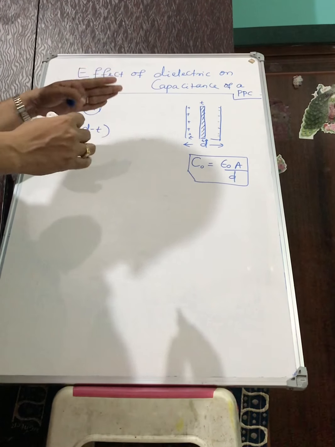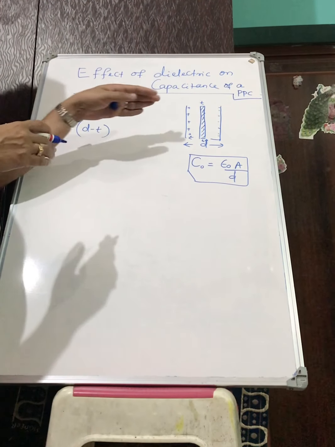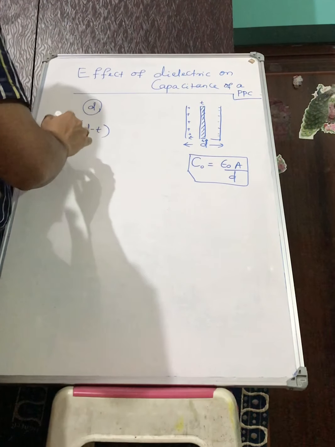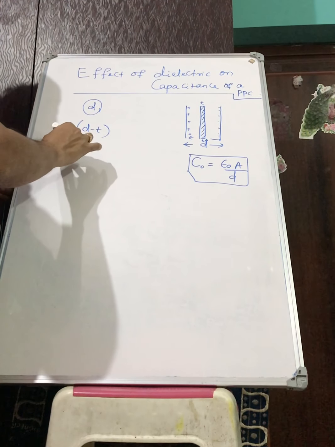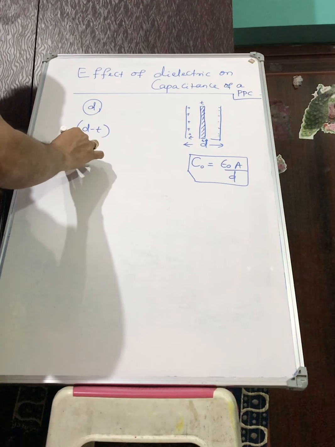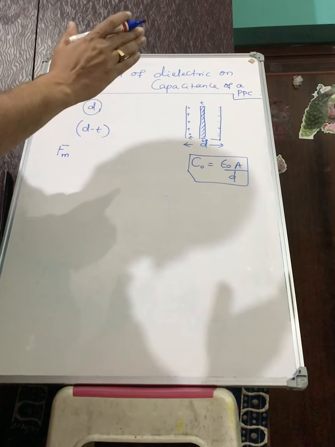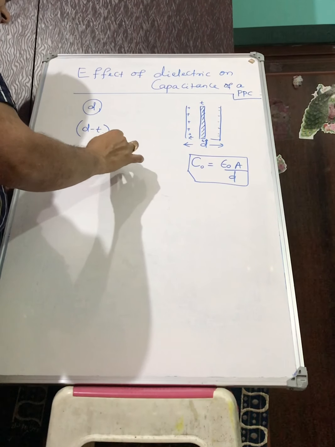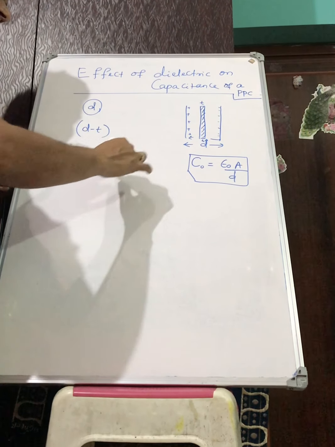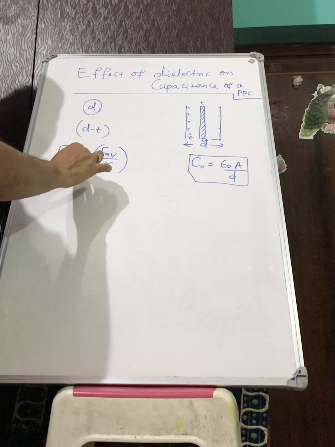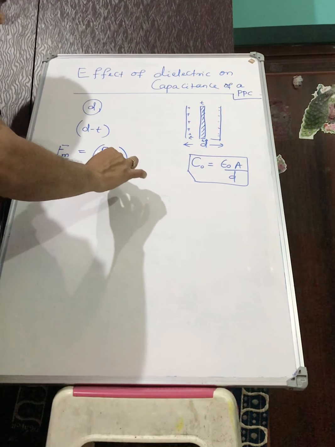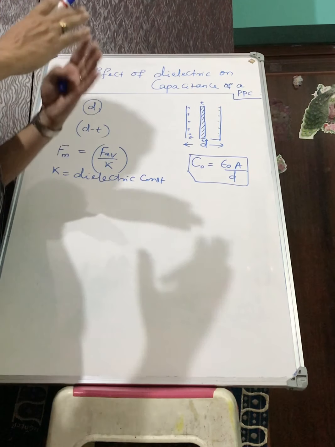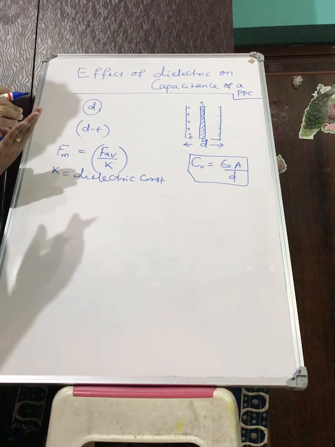Now inside this dielectric the electric field will change, because we know that the force between two charges in a medium is given by F vacuum by K. K is the dielectric constant, because all dielectrics have some dielectric constant value.